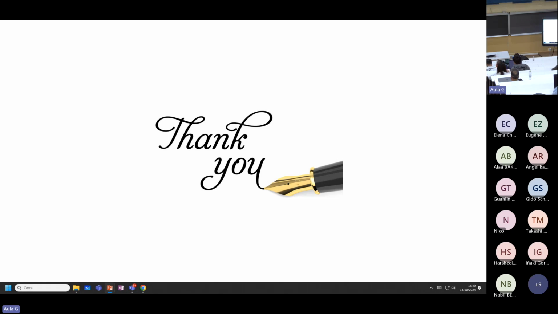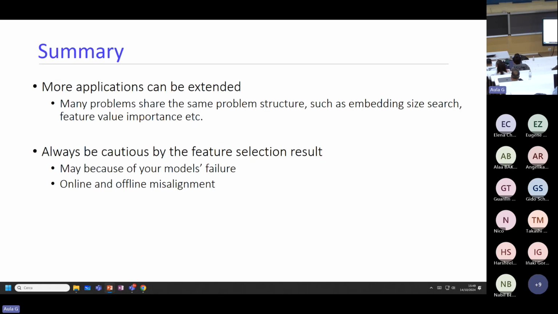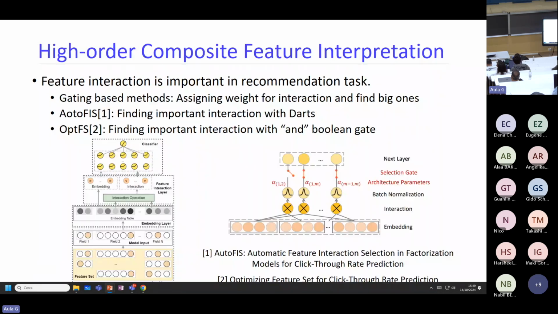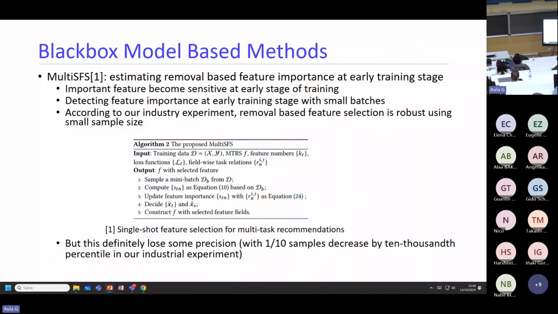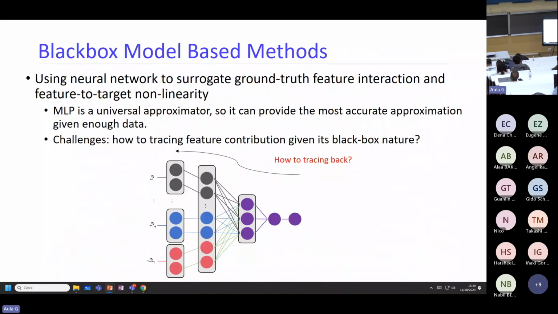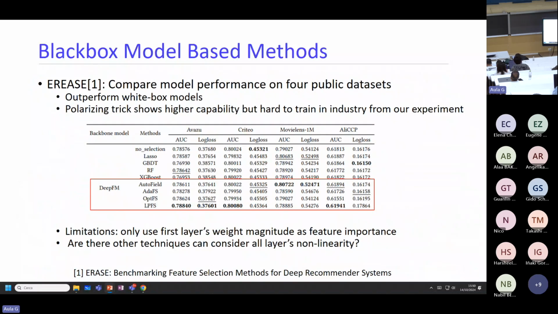Oh, okay. Yeah, I have a slide for that. It basically outperforms the shallow model-based methods. Sorry, wait for a second, let me try to find it. Yeah, here is the performance. We tested it on 4 public datasets and found that the method using the first layer of the MLP performs better than Lasso, GBDT, Random Forest, and XGBoost.